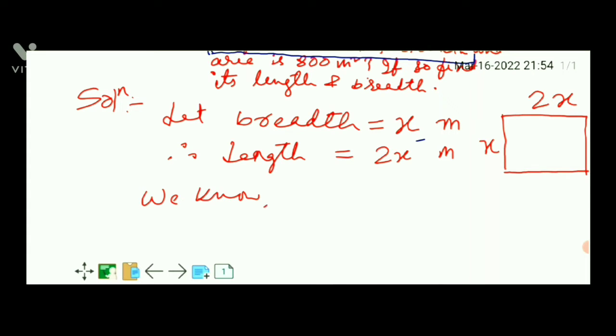We know area of rectangle is L B, length into breadth. Length into breadth is called area of that rectangle. So L into B is equal to 800. L is length, B is breadth.